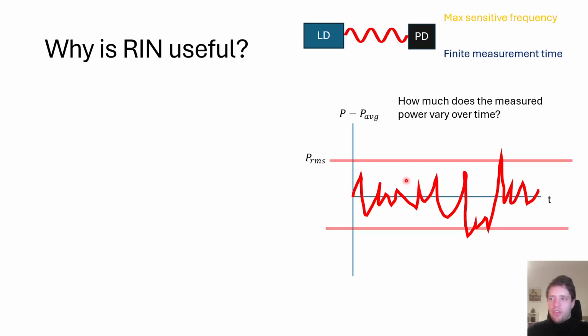If we don't want that to exceed a certain peak value or RMS value, it's nice to know how the design of the laser diode could be changed to make sure this variation doesn't exceed the specifications.